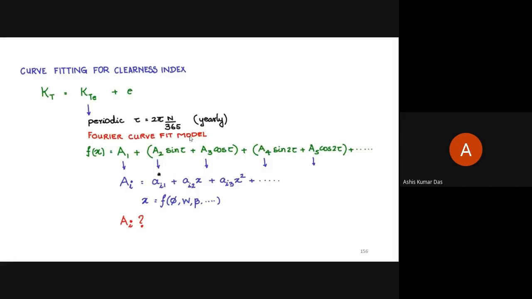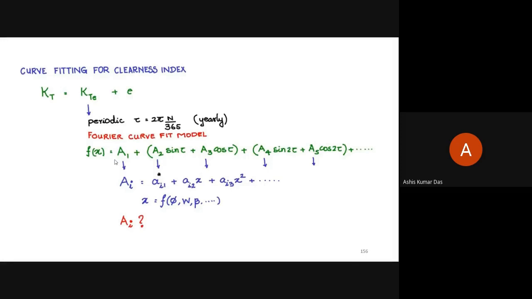Now let us choose this KT as a function of x, where the function of x is a1 plus a2 sin tau plus a3 cos tau plus a4 sin 2 tau plus a5 cos 2 tau, and so on, where a1 is called the DC offset. If you try to recall the Fourier series, which I think you have studied in mathematics, you can go through the Fourier series model.